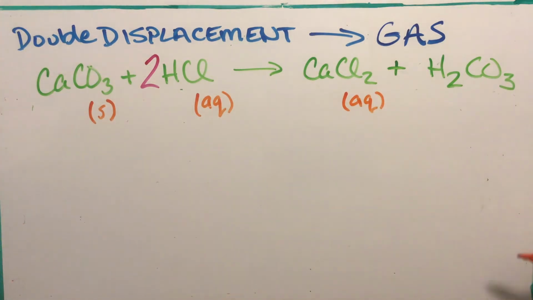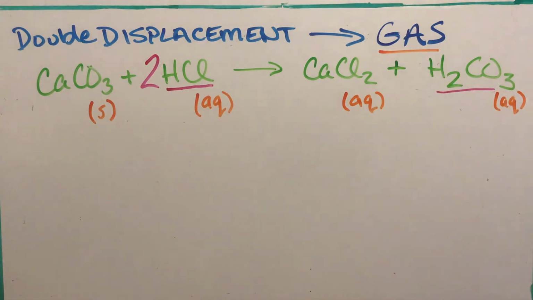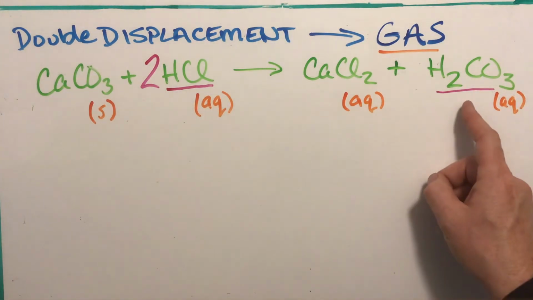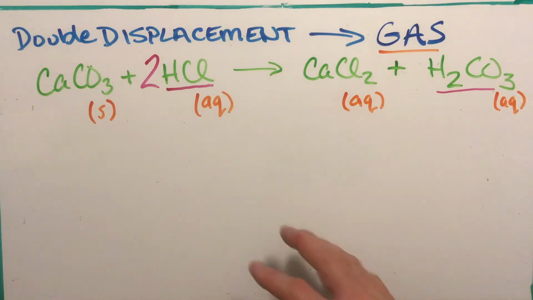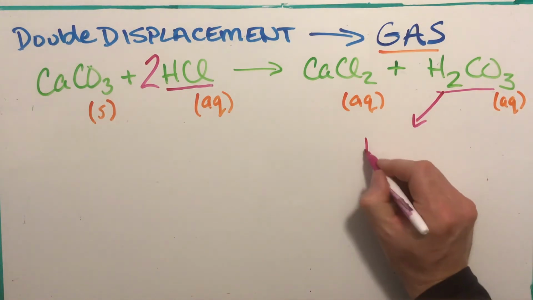And then we have this. Now, normally we'd go, okay, well, that's an acid, so that's going to be aqueous. And you're saying, wait a second, I'm supposed to produce a gas. Here's our catch. I have an acid going in and an acid coming out. The second acid breaks down into water and something else. So this actually would break down, and I would take out water.